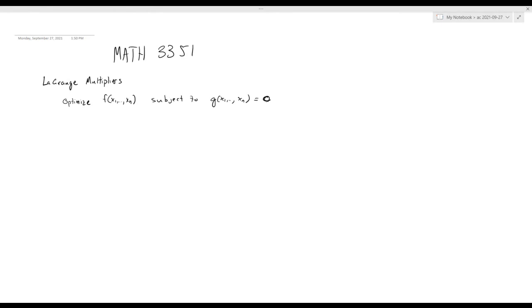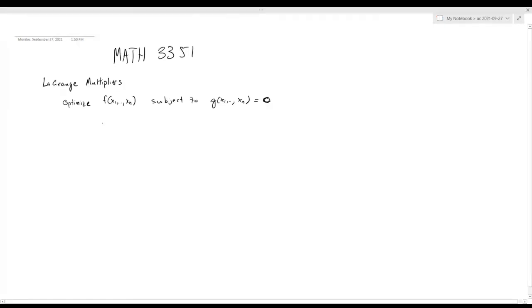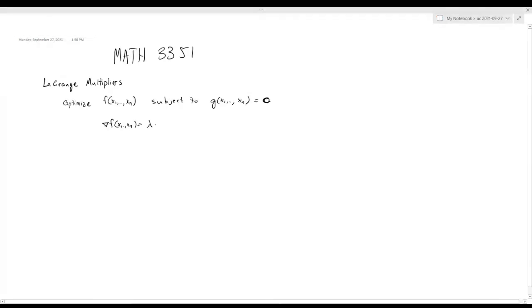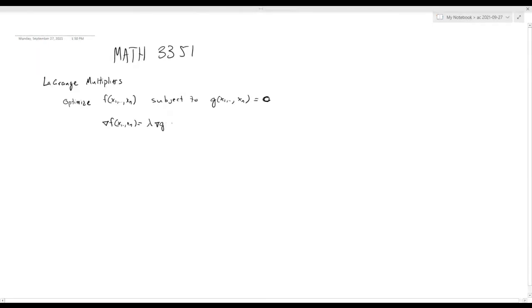It's exactly the same program as before, where you want to find critical points. The gradient of f is a multiple of the gradient of the constraint, and the multiplier is the Lagrange multiplier. It's just a number: gradient of f is equal to lambda times the gradient.